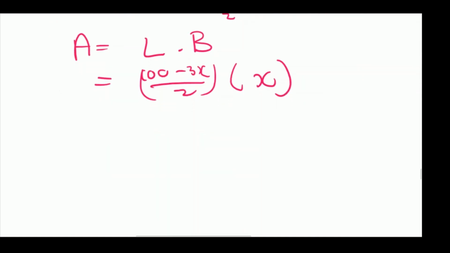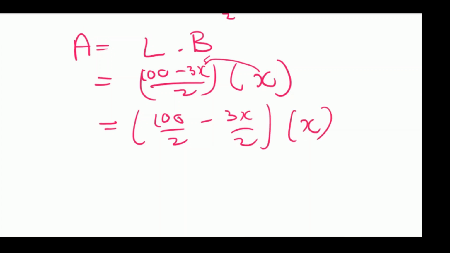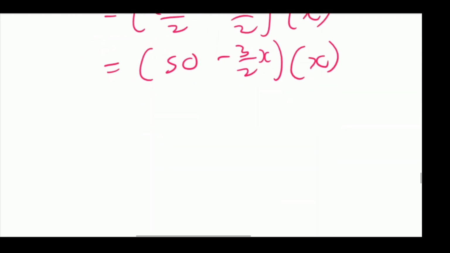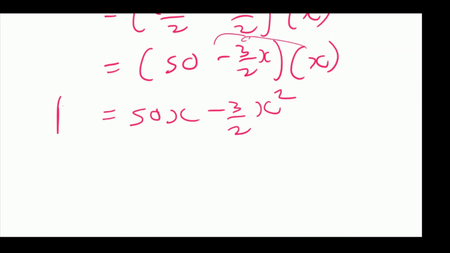To find that product, we're just going to multiply the x inside, but before we do that, let's solve what's inside. It's going to be 100 divided by 2 minus 3x over 2, and then multiply by the x. Then we have 50 minus 3 over 2 x. Then we multiply the x. So if you multiply the x inside, we're going to get 50x minus 3 over 2 x squared. So this is the area of the diagram that we drew above.